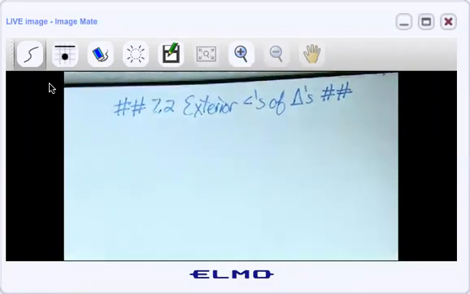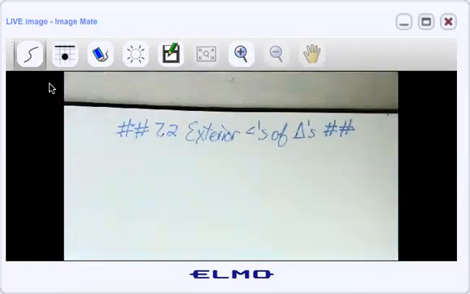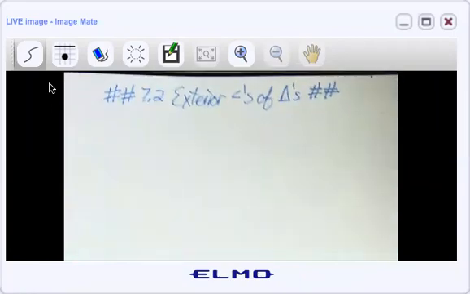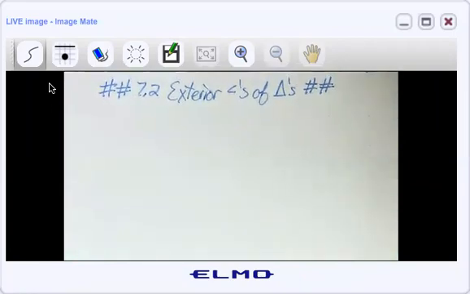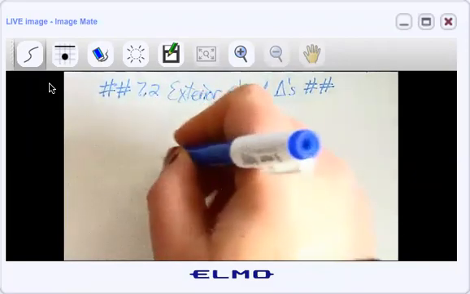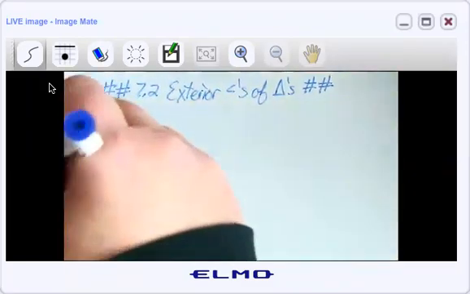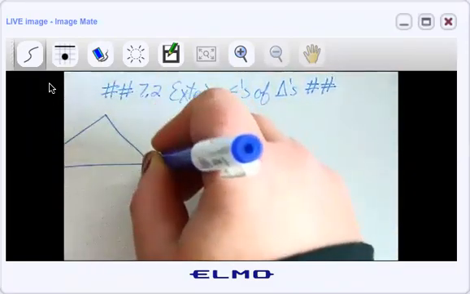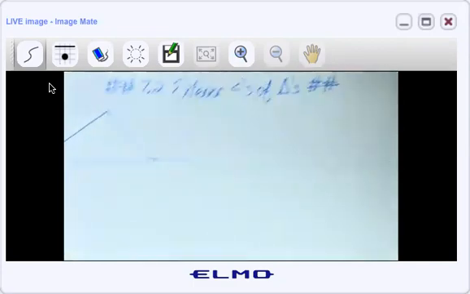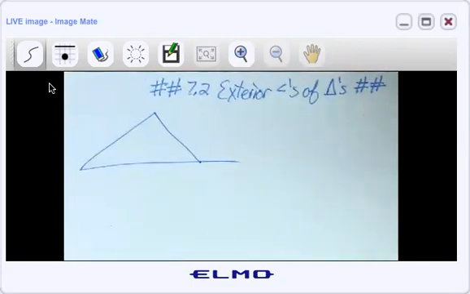All right, so we have talked a lot about interior angles of triangles, right? All three of them together add to be 180. No big deal. Nothing shocking about that. But check this out, okay? Watch this. I'm going to draw a triangle like this, where I basically have one side sort of extended. See that?